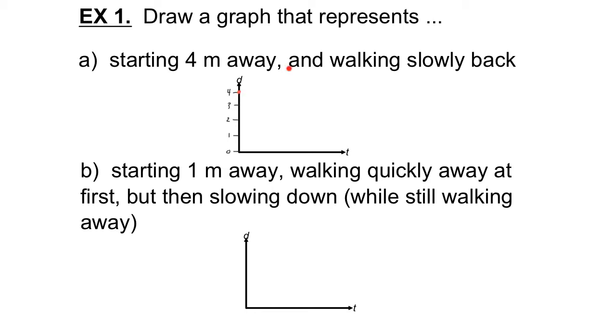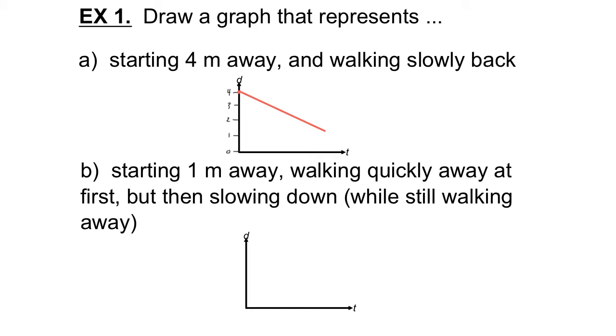Okay, let's continue. And he's walking slowly back. Okay, so if he's walking back, his distance is going to get smaller. But he's going slowly, so it's not going to happen quickly. It's going to take more time. So you'll end up with a graph that looks something like this.